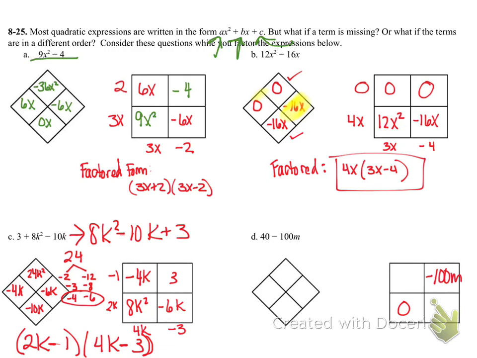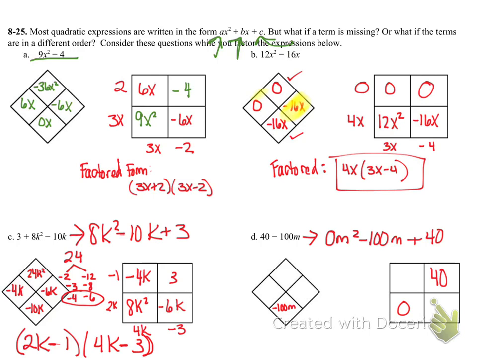Okay, so, oh, I messed up. So my negative 100m, that's my middle term. My middle term goes down here. That's negative 100m. Now, my last term is 40. And remember, I don't have a squared term. If I need to, you guys, you can just write it as like 0m squared minus 100m plus 40.